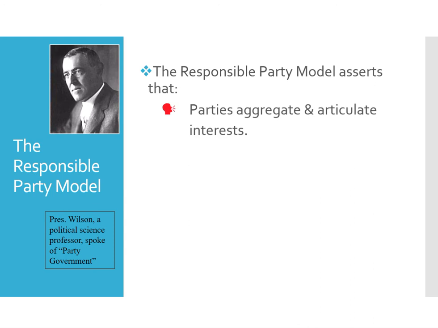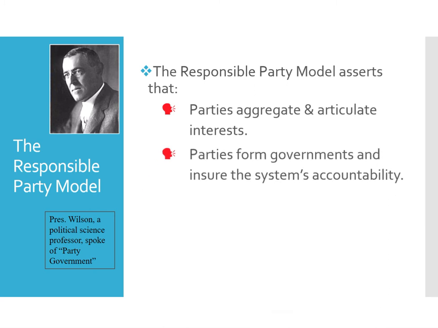So that's certainly two functions that parties must do if they are responsible, or let's say not just responsible, but useful political parties. Then parties form governments and they ensure the system's accountability. Now, to form a government in a presidential system means that you are the party in power.